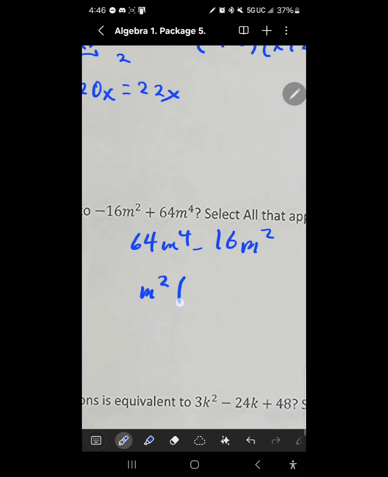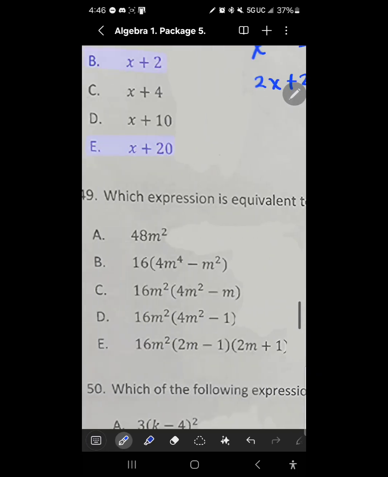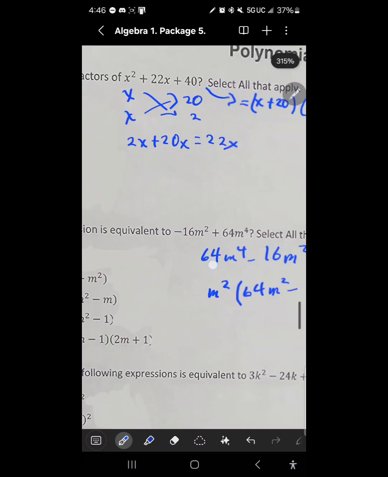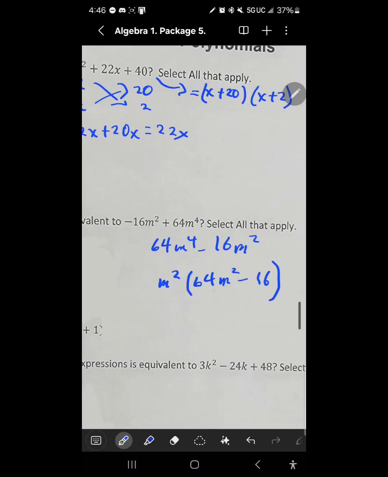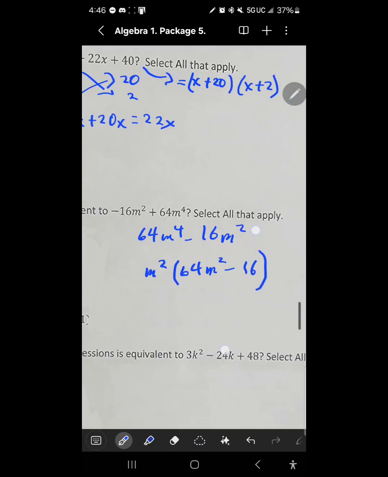So it could be 64 m^4, we took 2 of the 4, so it will be m squared, minus, we took all that, so 16. This is a select all that apply, so 64m squared is not one of the options, so let's keep going.